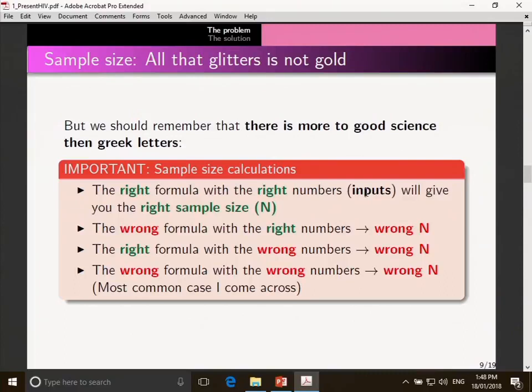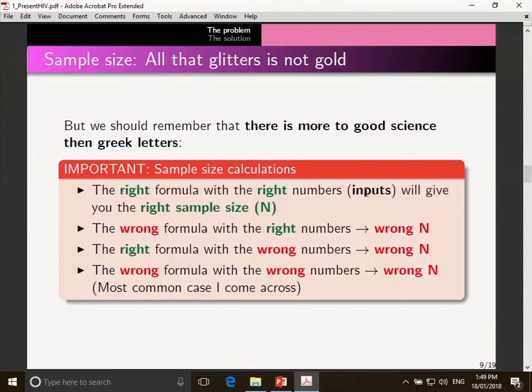The right formula with the wrong numbers is going to give us the wrong sample size. And here is the most common one I come across: the wrong formula with the wrong numbers. Is that going to give us the right sample size? I don't think so. Okay?